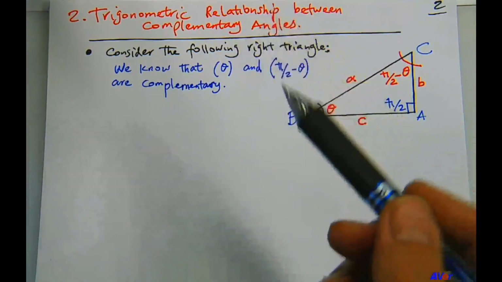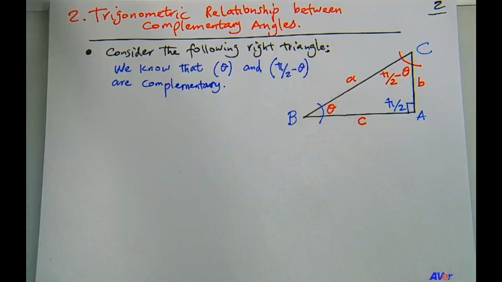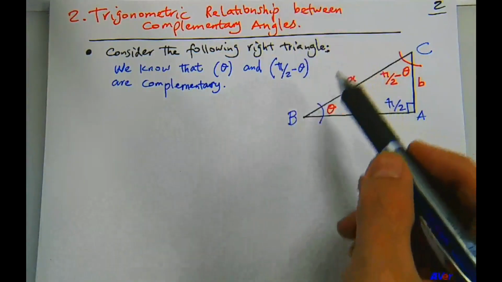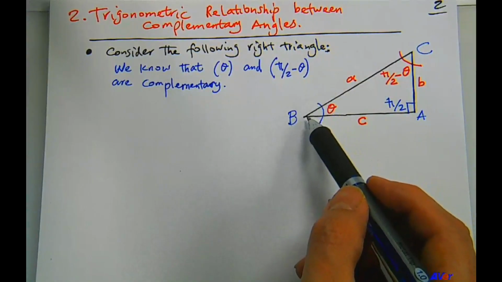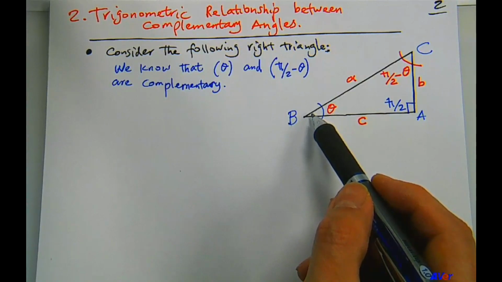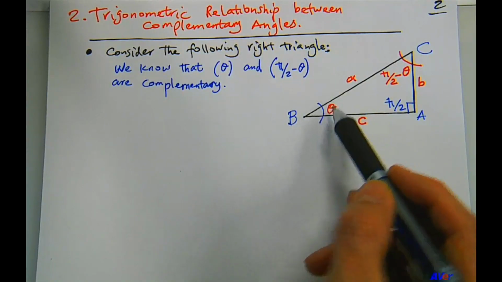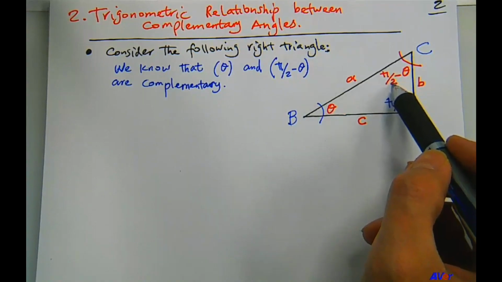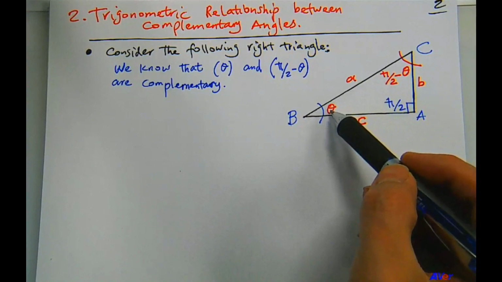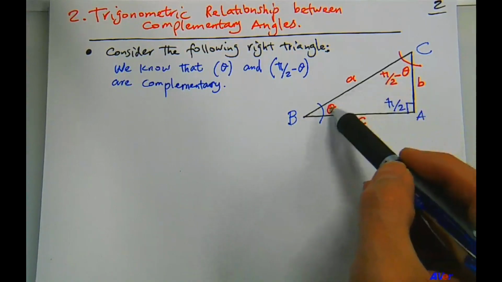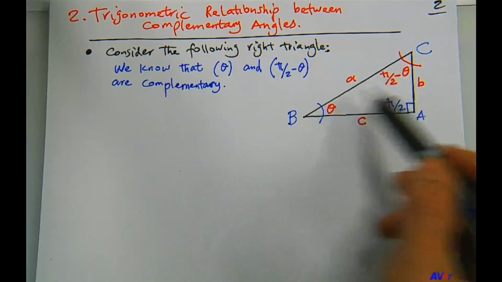Sine, cosine, tangent, cotangent, and secant and cosecant. Using this right triangle, I'm going to write down those 6 trigonometric functions for each of these angles. I'm going to do it for theta, and then for pi over 2 minus theta, to see what relationship there is between the trigonometric functions of these 2 complementary angles.